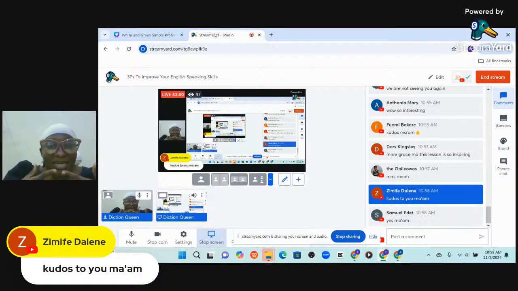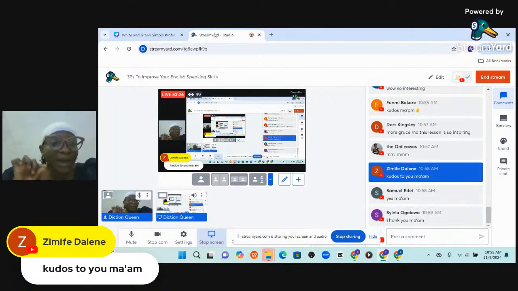Once your tongue is placed between your upper teeth and your lower teeth, like this, you will automatically pronounce the words correctly. So it doesn't matter if you're trying to pronounce the voiced TH or the voiceless TH. All you have to do is stick out your tongue and somehow the sound will come out right.